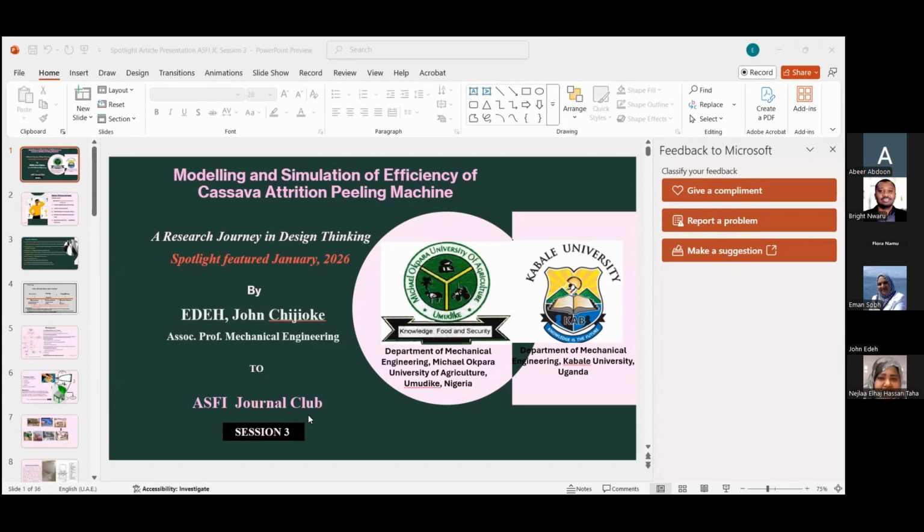I think this machine is for modeling. Cassava is for modeling only, as a model material. So we can use this for another material or natural polymer like acacia gum or guar gum, or anything for producing starch and also fibers.